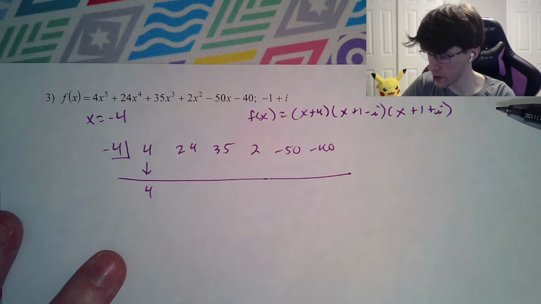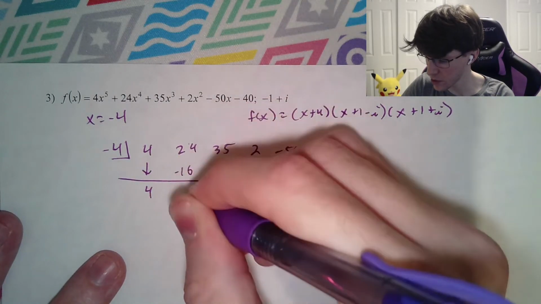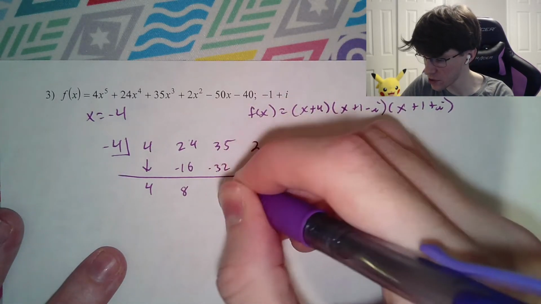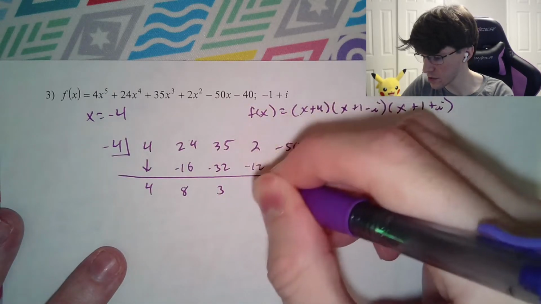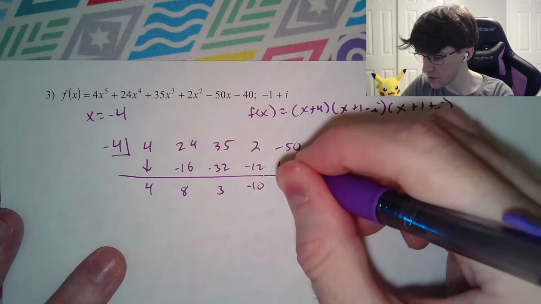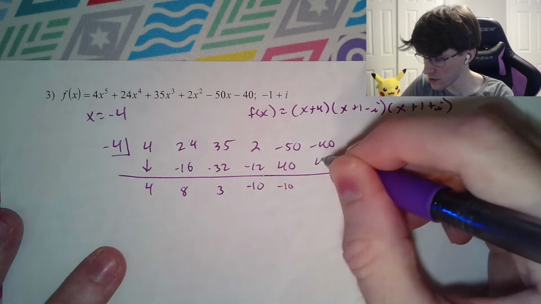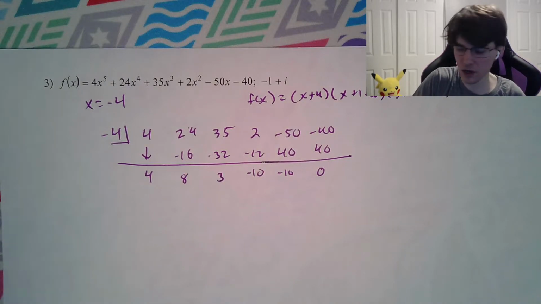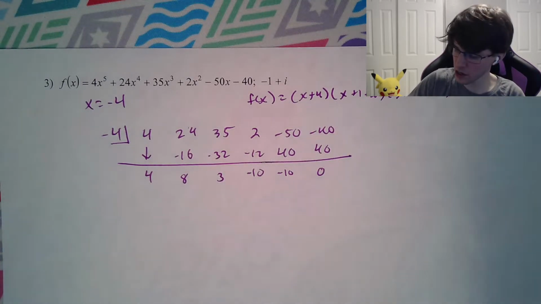So here we go. -4 times 4 is -16. 24 and -16 is 8. -4 times 8 is -32. 35 minus 32 is 3. -4 times 3, -12. 2 and -12, -10. -4 times -10 is 40, and that gives you -10 here. -4 times -10 is 40 again. You get 0. Perfect. Now we can start doing our synthetic division with the complex root, because the other ones are square root answers, unfortunately, which we will have to solve for at the end using our quadratic formula.